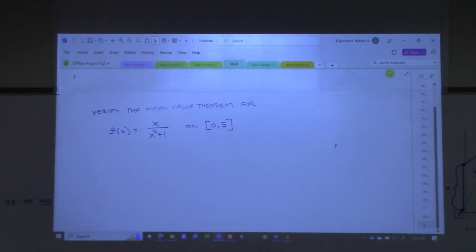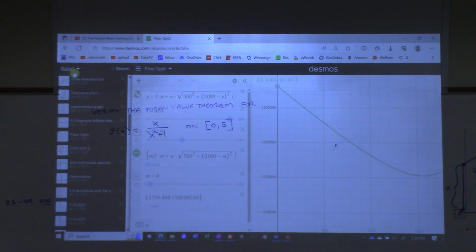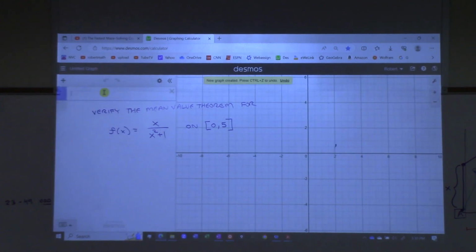I think I'd like to start by graphing this for you, just so you can see what we're working with here. I want a new one. So x over x squared plus 1, and I want this on 0, 5.